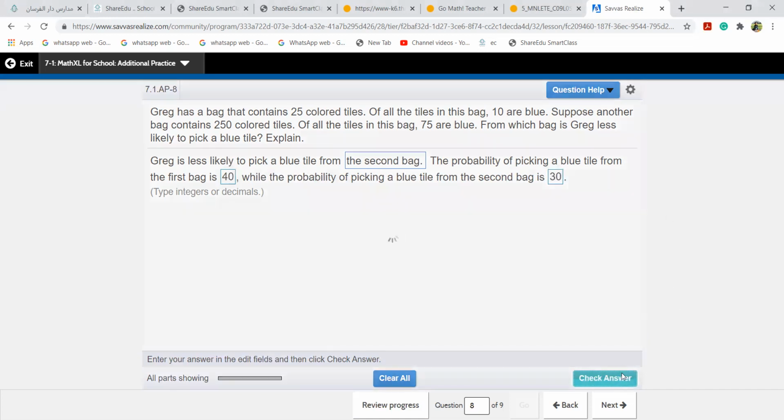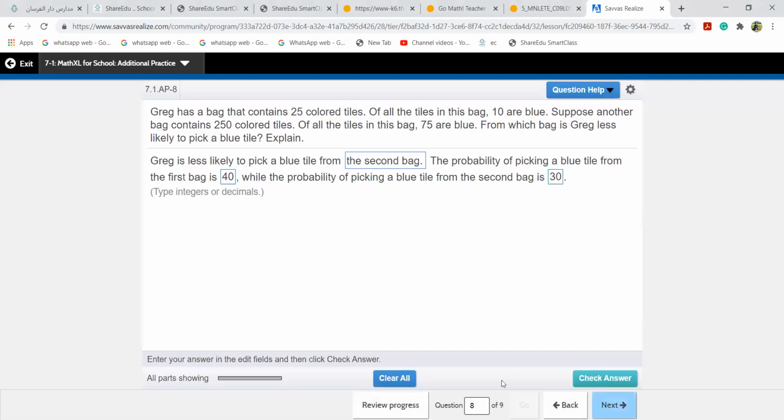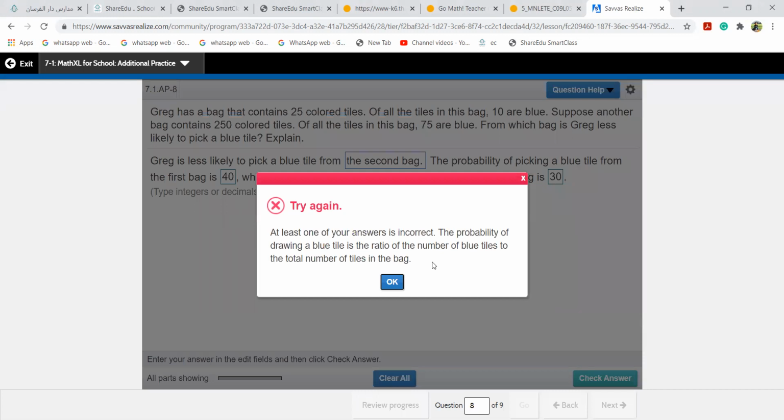Let us check the answer. Which one has to be incorrect? What did they say? They said at least one of your answers is incorrect. The probability of drawing a blue tile is the ratio of the number of blue tiles to the total number of tiles in the bag, right?